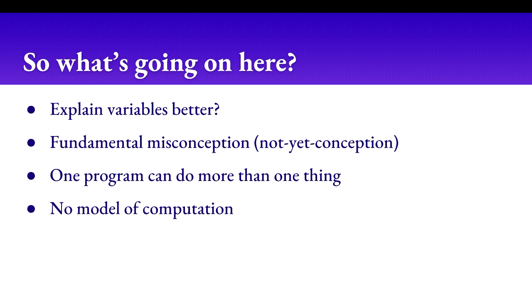But they have a fundamental misconception about computers and how they work. They don't quite understand yet that one program can do more than one thing. And that means they don't have in their head a model of computation. They're making hypotheses and testing them, but without the right model, they make strange hypotheses and come up with strange solutions.